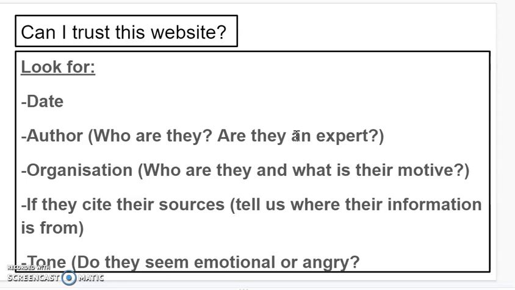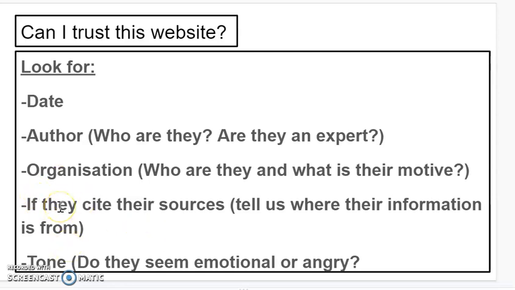Do they quote people who are experts? That's okay. Number 3, organization. Who wrote this? What's their motive? If you feel like they're trying to persuade you rather than present facts neutrally, then that might be a less reliable source of information.